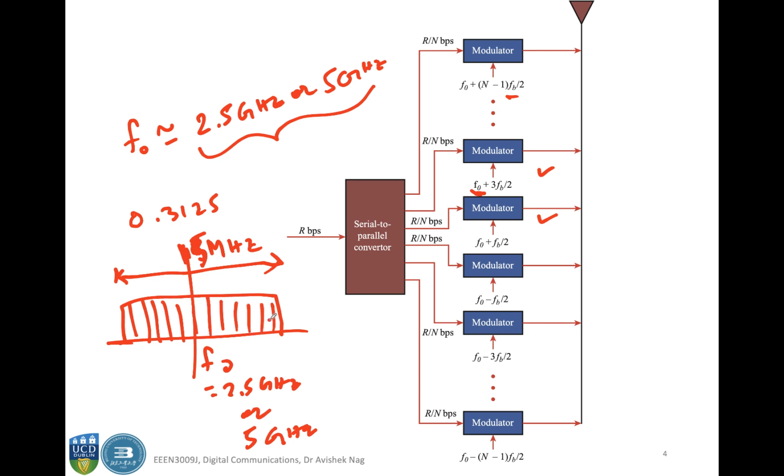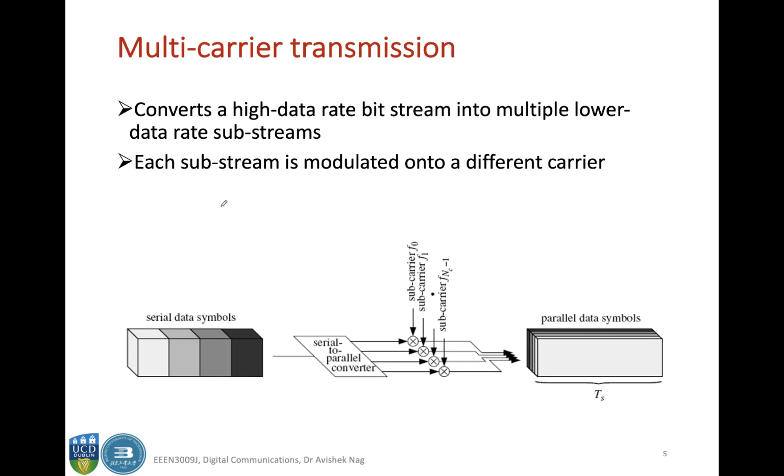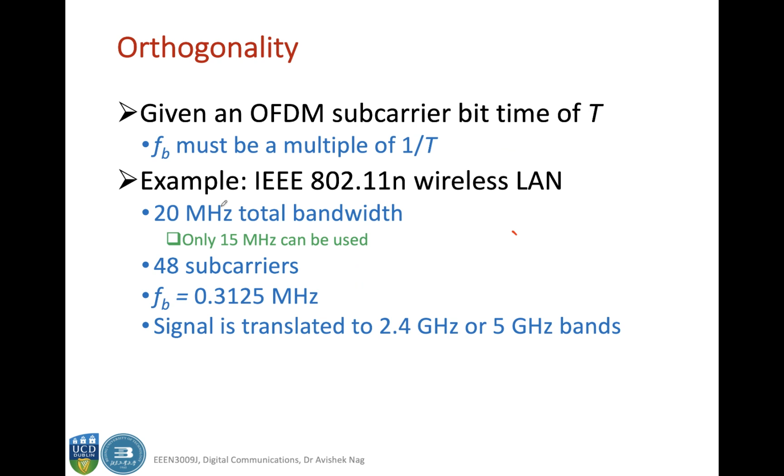These spacings are 0.3125 megahertz. So this is just an example of a practical system, and that's what is happening in the case of IEEE 802.11n. This is an example of OFDM.